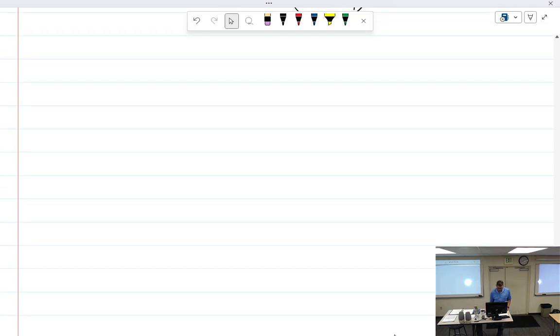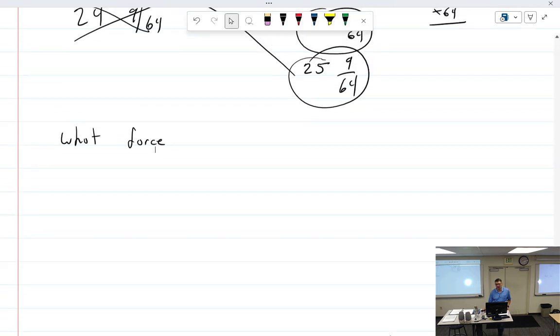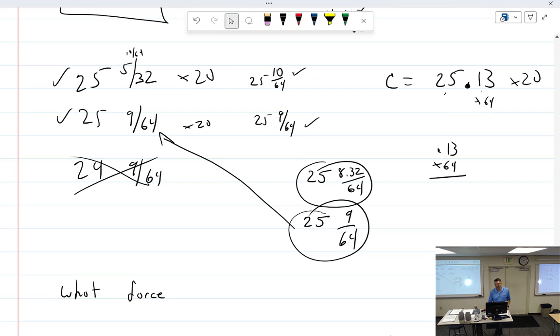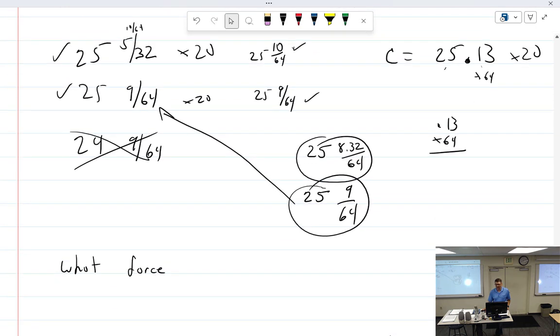All right. Told you that was the worst question in the whole thing. There's an easier way to solve that, I think. Yeah, how would you do it? If you turn it into an improper fraction and then divide it by 64. Turn 25 and 9/64 into an improper fraction, and then divide it by 64, you would get 25.14.